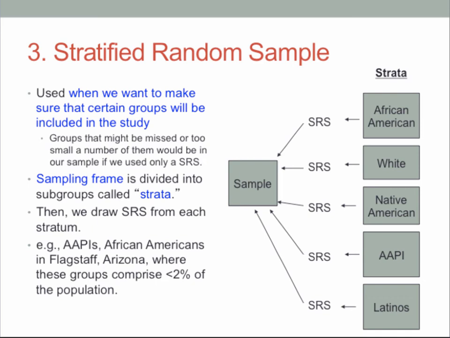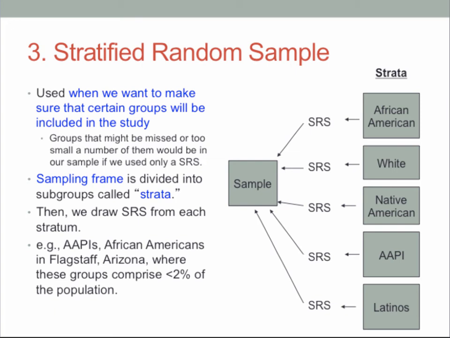Hence stratified random sample. So for example, we have our strata based on different ethnic groups: African American, white, Native American, Asian American, Pacific Islander, and then Latinos. And based on these different strata, we then simple random sample within each of these strata to then create our sample. So in that case, we now know that every single group would be representative within our sample.